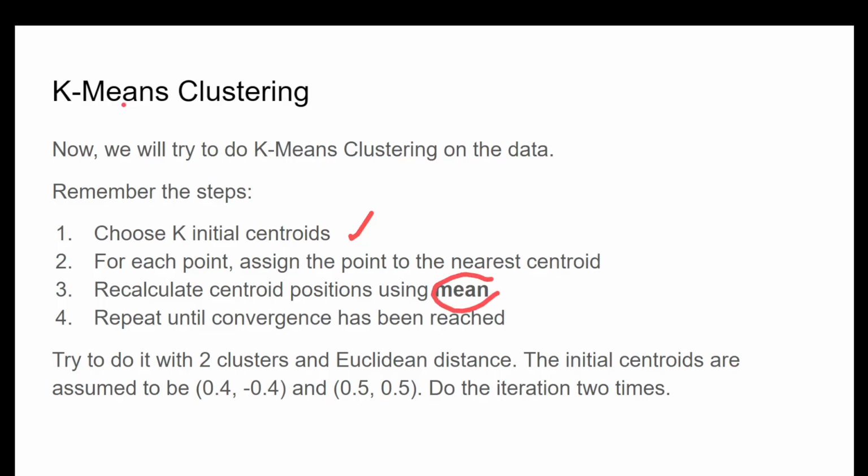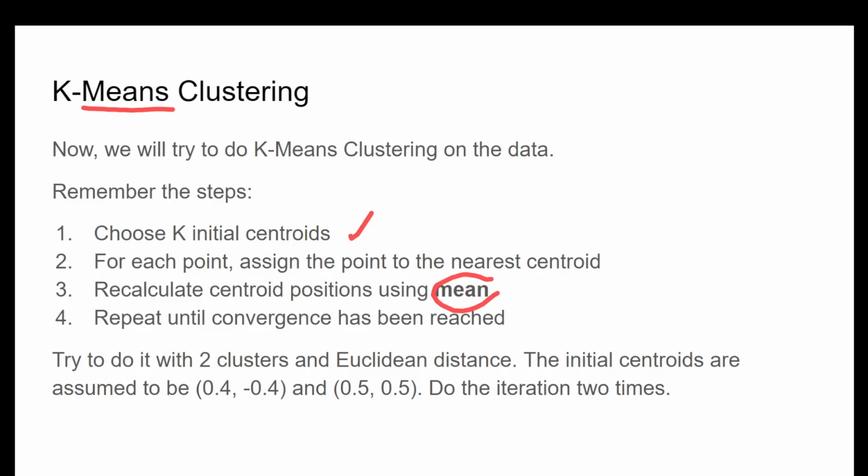So this is basically why it is called k-means, and you repeat that until convergence has been reached. And for this question, you are asked to do this with 2 clusters and Euclidean distance.